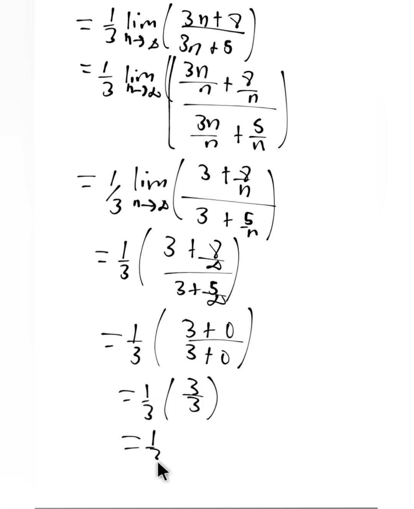This equals 1 over 3 into 1, and this equals 1 over 3. So hence, the limit L equals 1 over 3. And according to the ratio test, when the limit is less than 1, the series converges.